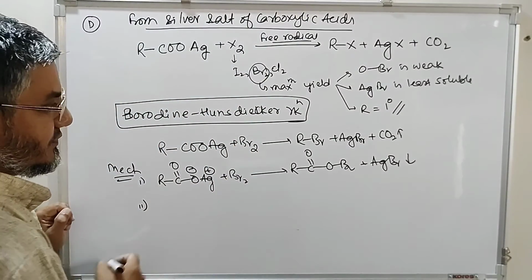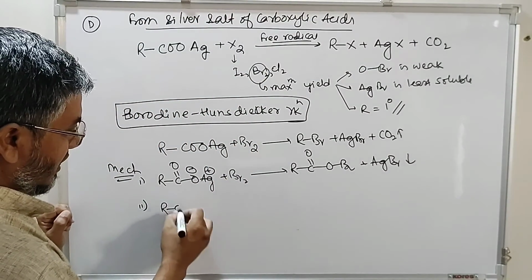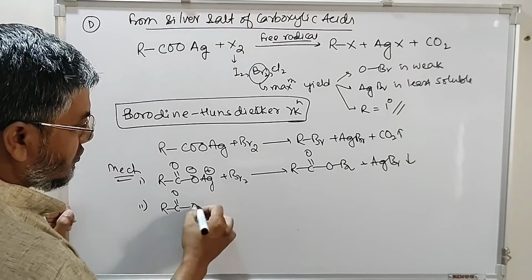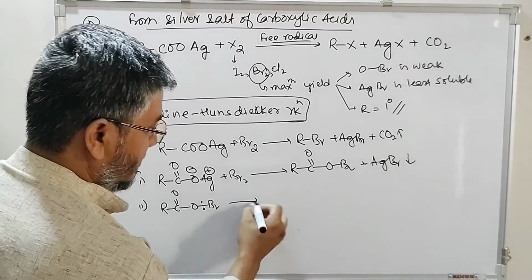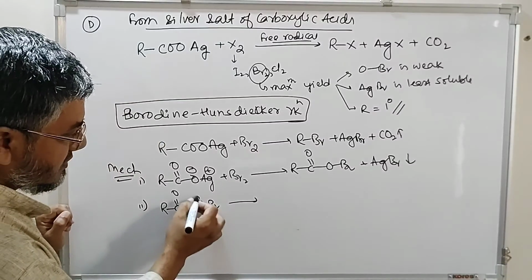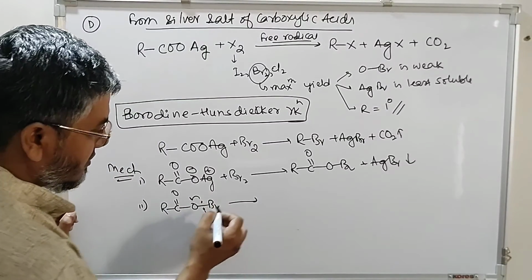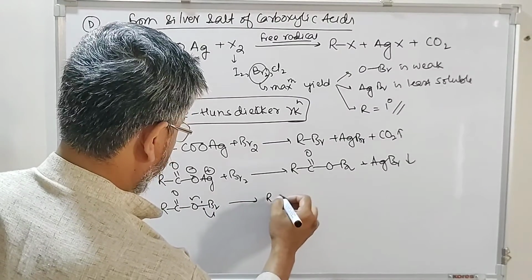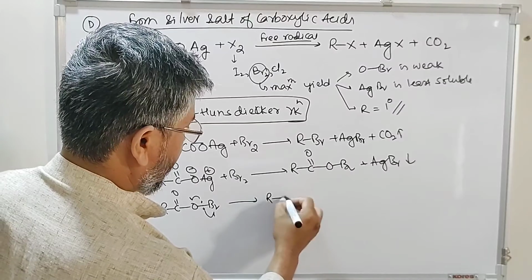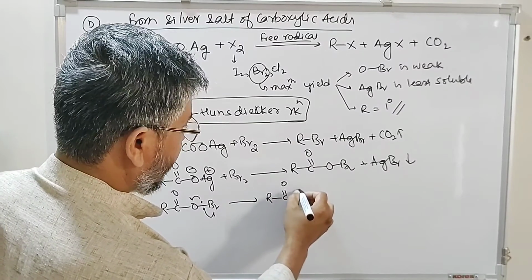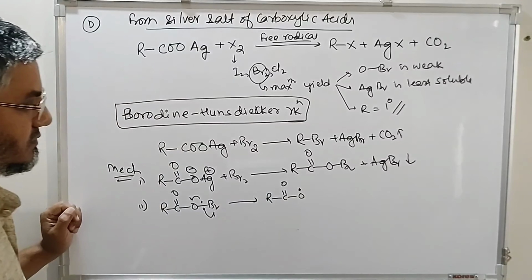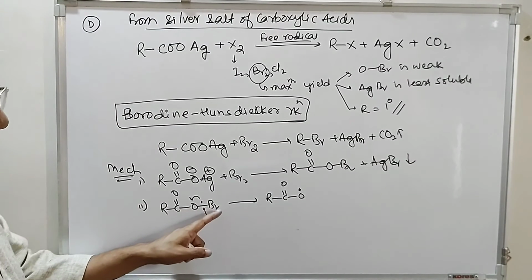In the second step of this reaction, RC=O OBr undergoes homolytic cleavage, resulting in the formation of free radical RC=O O radical, and Br radical is formed.